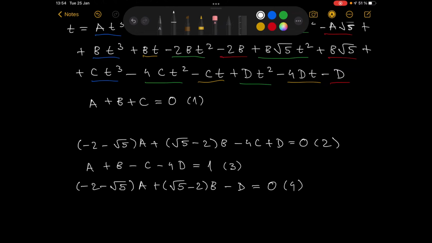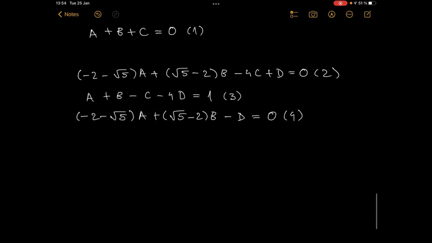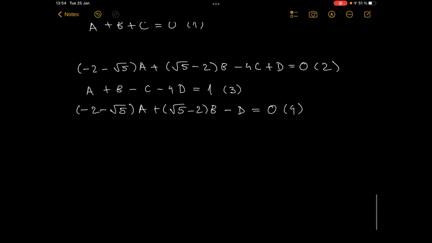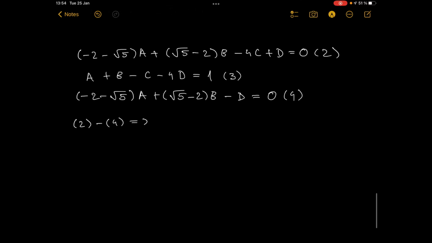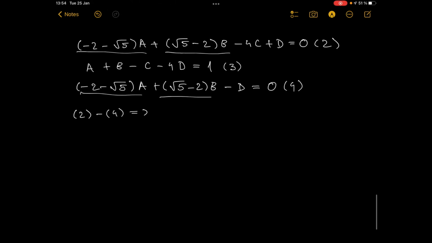Okay, now we've got a nice system of equations, and we're going to go ahead and solve it. So what I can do first is subtract the fourth equation from the second equation. Okay, so these terms here will cancel out.